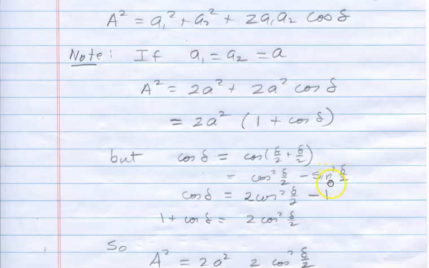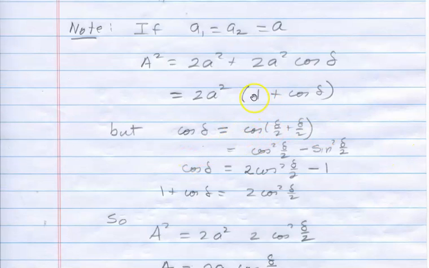And then I can replace the sine squared with 1 minus cosine squared. And so minus a 1 becomes here, and minus a minus cosine squared will give me 2 cosine squared delta over 2 here.